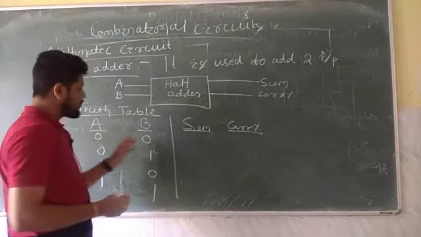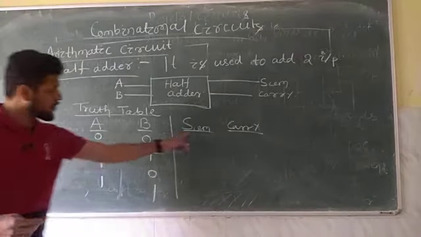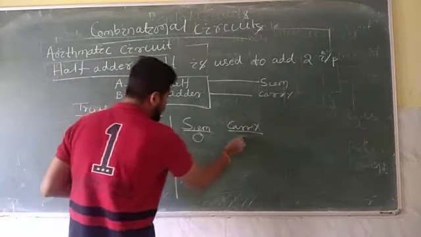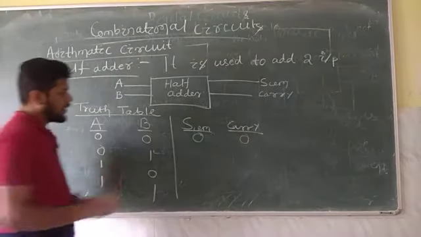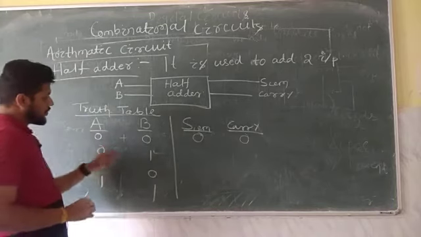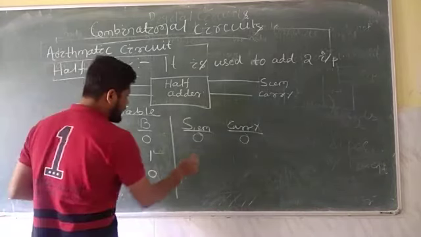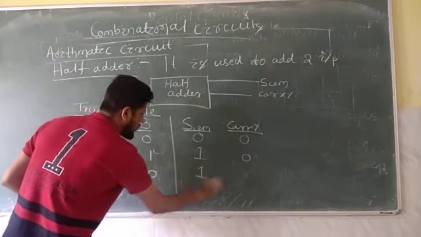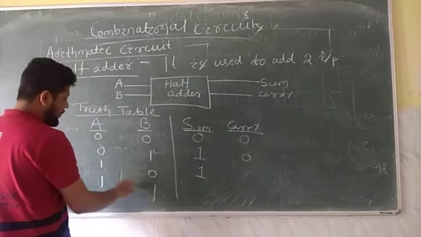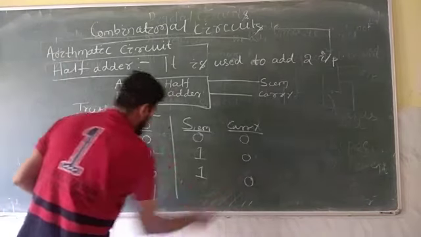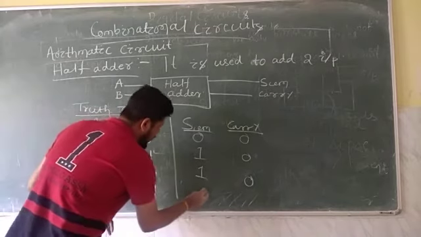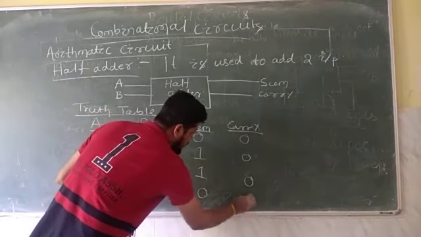If I add 0 plus 0, the sum is 0 and there is no carry, so 0. 0 plus 1 is 1, carry is 0. 1 plus 0, sum is 1, carry is 0. 1 plus 1 in binary addition is 10, so the sum is 0 and the carry is 1.